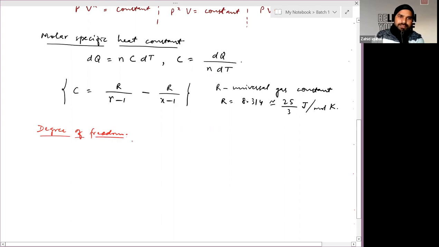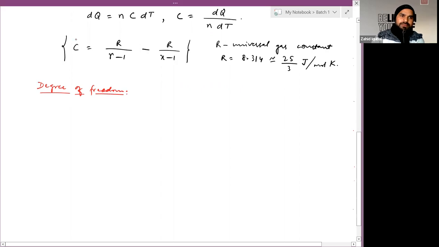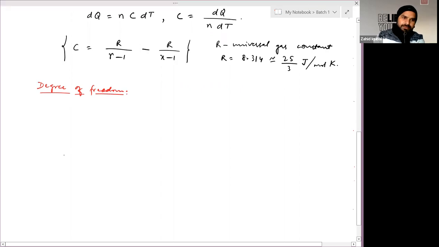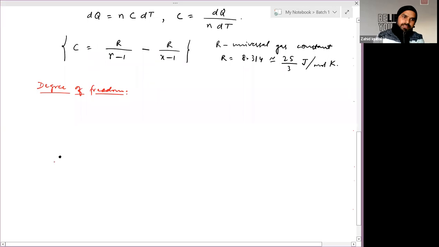So what do you mean by degree of freedom? To define this, let me give you some examples. First, suppose you have any monatomic particle like helium, argon. If you have to calculate the energy associated with this, you will say it may move translationally along the x-axis, y-axis, or z-axis.